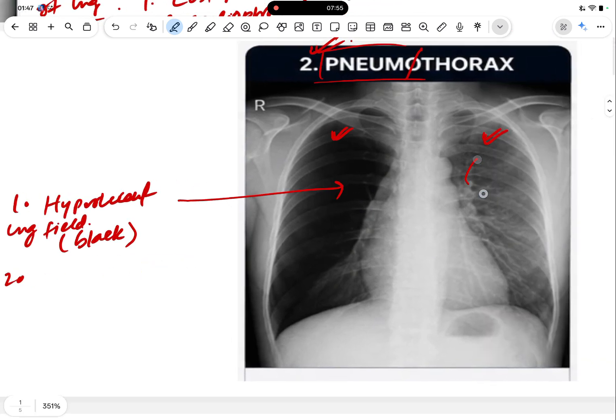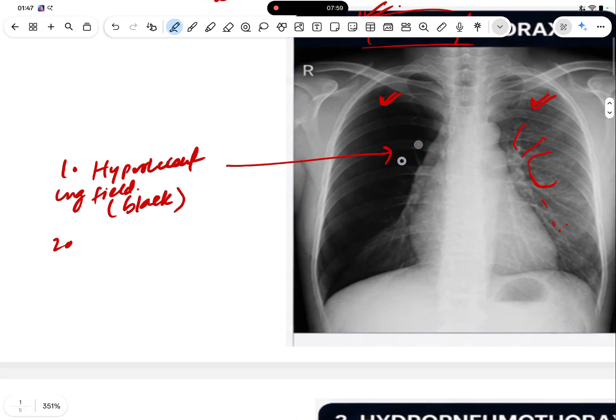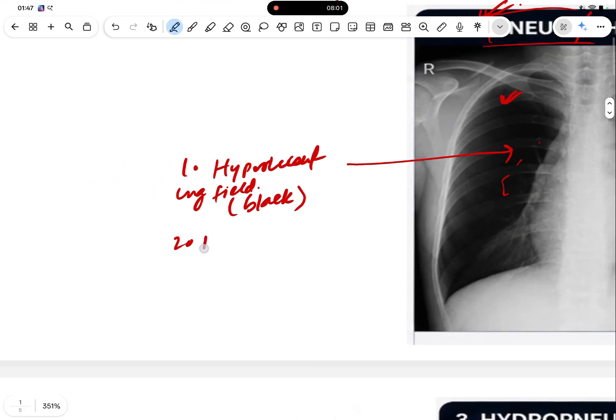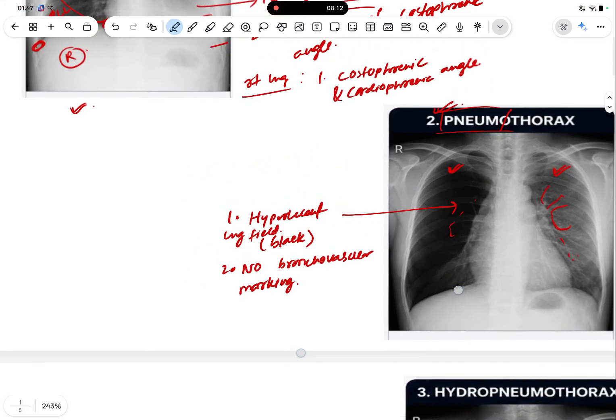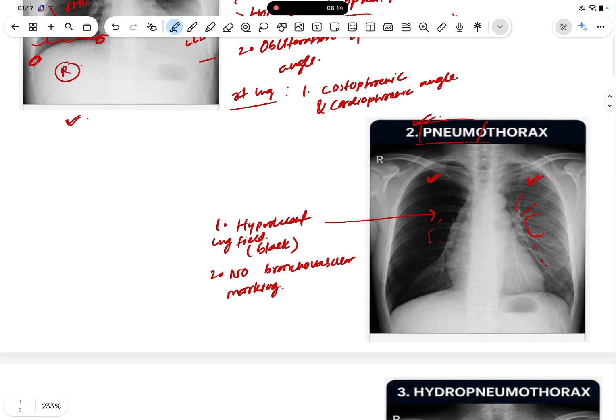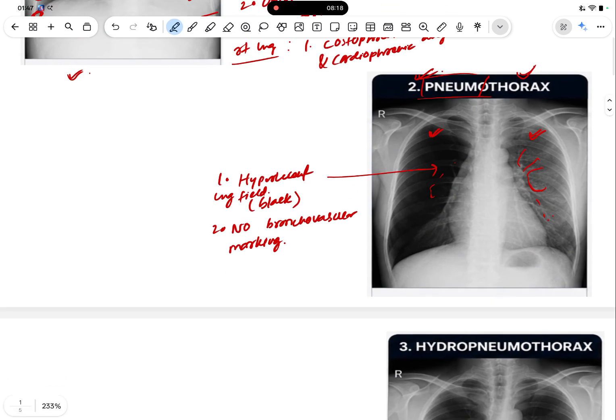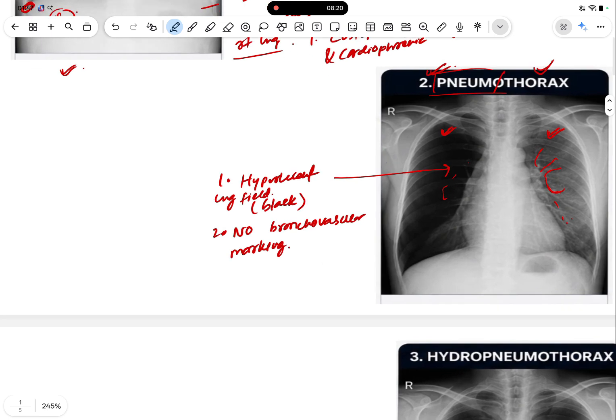There are bronchovascular markings here, these are the bronchovascular markings, but here there is no bronchovascular marking. So this is an example of right-sided pneumothorax: hyperlucent lung fields and no bronchovascular markings seen.